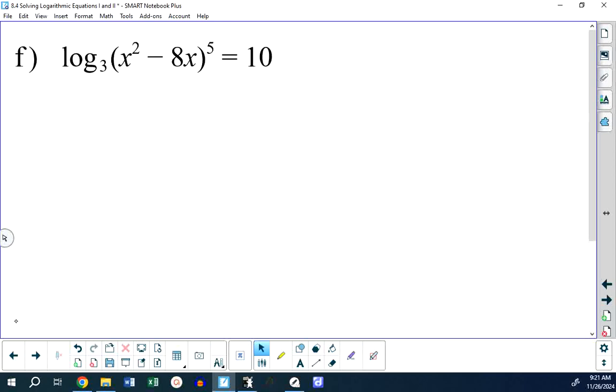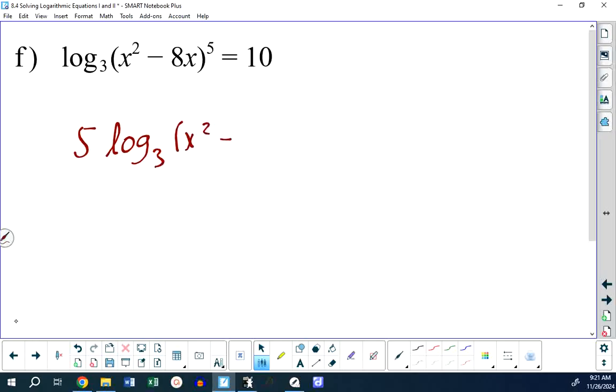Okay? What we want to do instead is bring that 5 down and then divide by 5 to work with smaller numbers. So if I bring that 5 down, it's 5 times the base 3 logarithm of x squared minus 8x equals 10. And if I divide both sides by 5, I get the base 3 logarithm of x squared minus 8x equals 2.